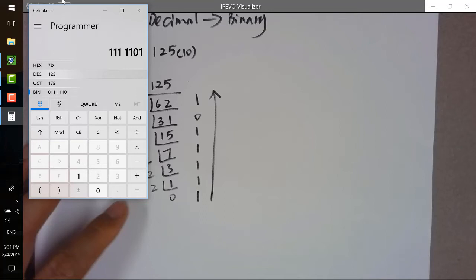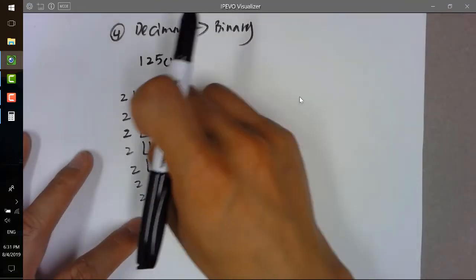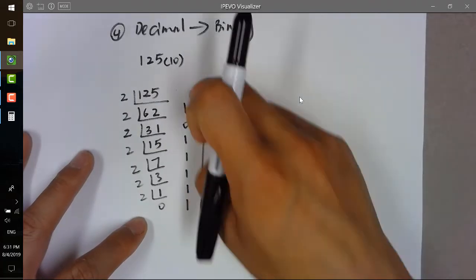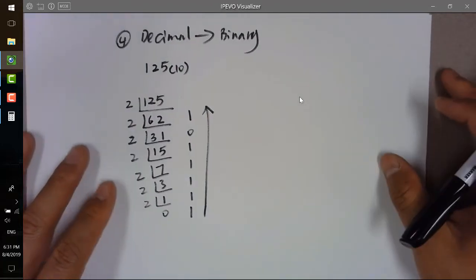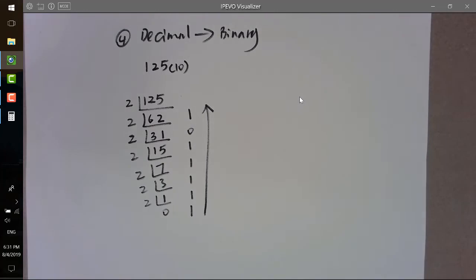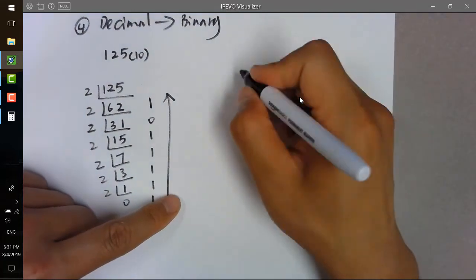It's kind of interesting. So why, when we divide this number by 2 every time, do we have a remainder here, and finally it's going to be the binary number for this number? So why is that? When we are doing a division for a decimal number, for example, let's still use the same one.